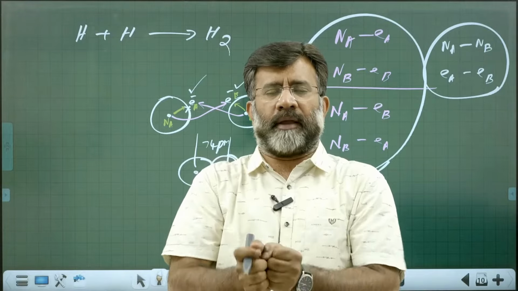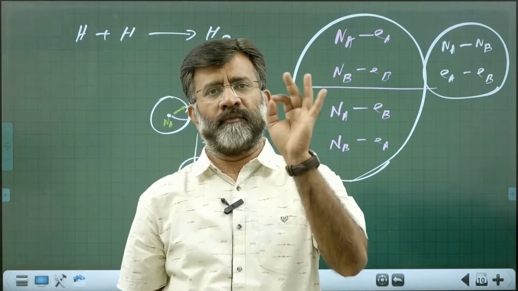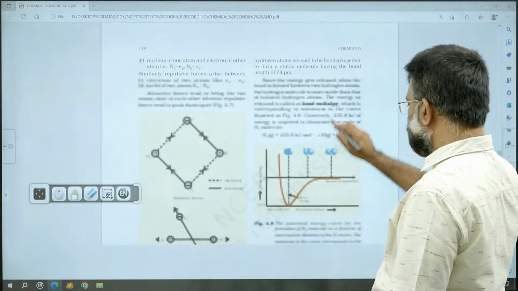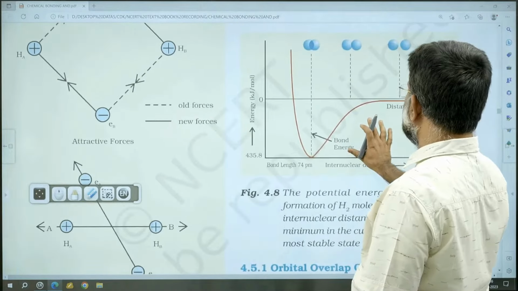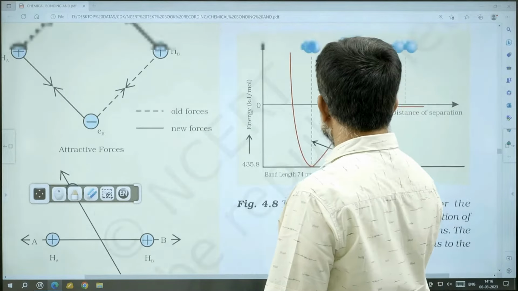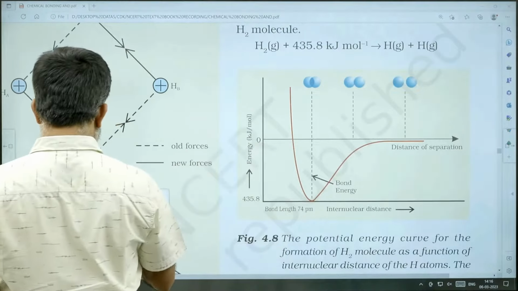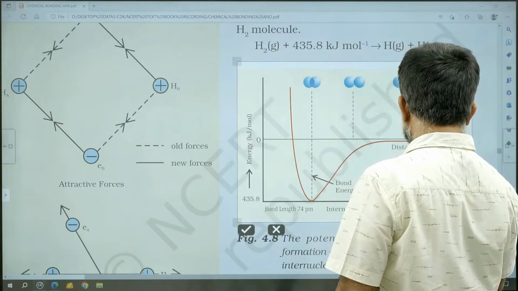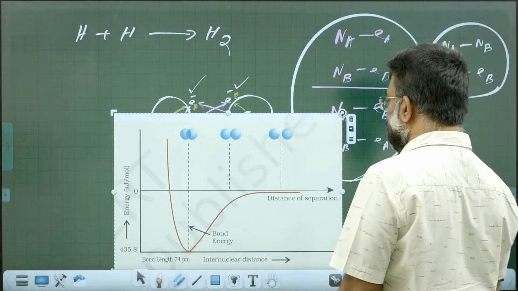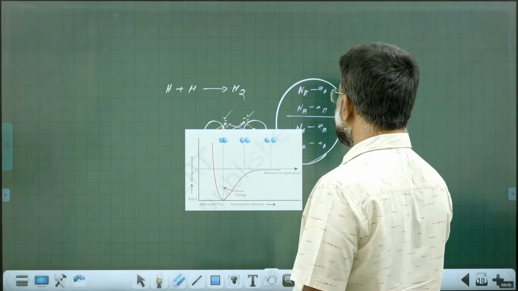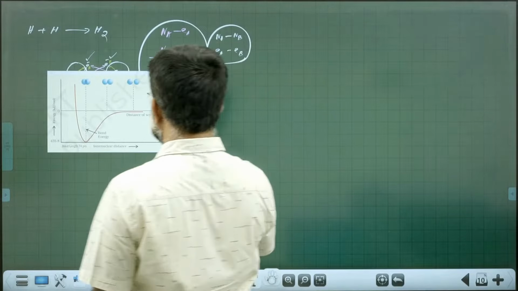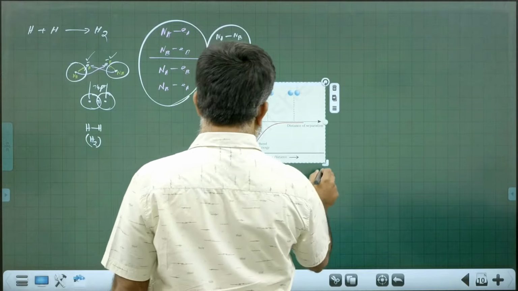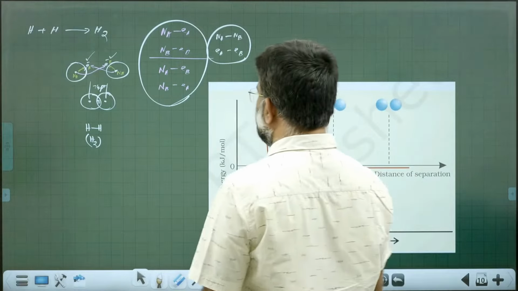This is the kind of explanation given by VB theory, with the energy reference also available from this diagram. You can very well see the diagram. When the atoms are far apart and as they come close, what happens to the energy? Compare the earlier explanation and this energy level diagram.